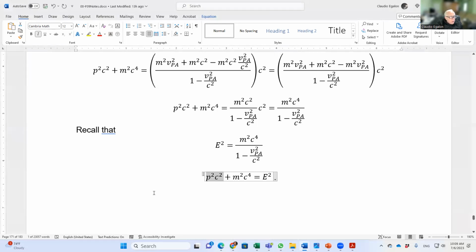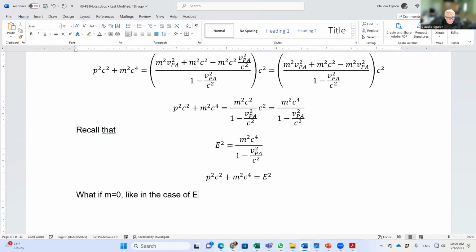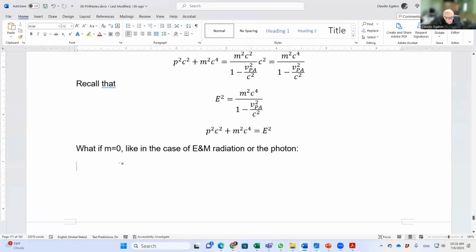There's more. What if mass is equal to 0? Like in the case of electromagnetic radiation, EM radiation, or the photon, the particle. Now we can have this relation.